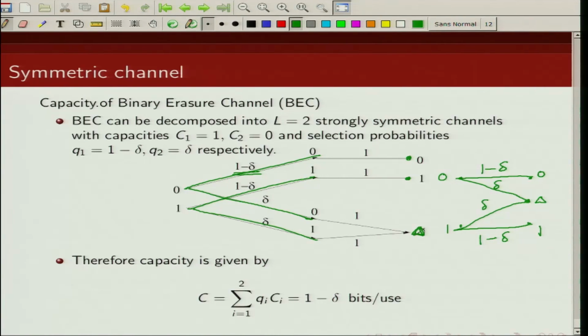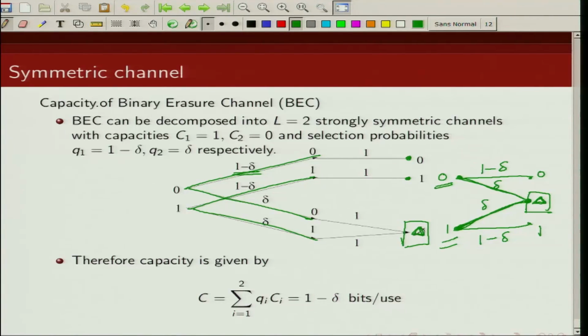Now, look at how you are selecting this channel which consists of this output symbol delta. From input 1, this probability is delta. From input 0, this probability is again delta. So, this particular channel is selected with the same probability.